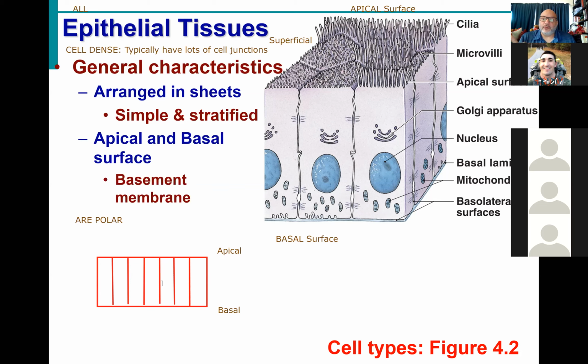Epithelial tissues are superficial. They're on top. So what is above an epithelial tissue? All right. What is above an epithelial tissue? Do you have an epithelial tissue on your skin?